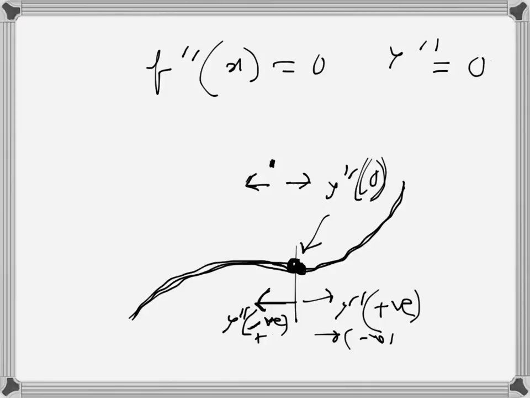Now if this is negative, it is concave down, and this is concave up, so it is more likely to be this kind of situation. And we can have something like this. Basically this point can be a point of inflection as well.